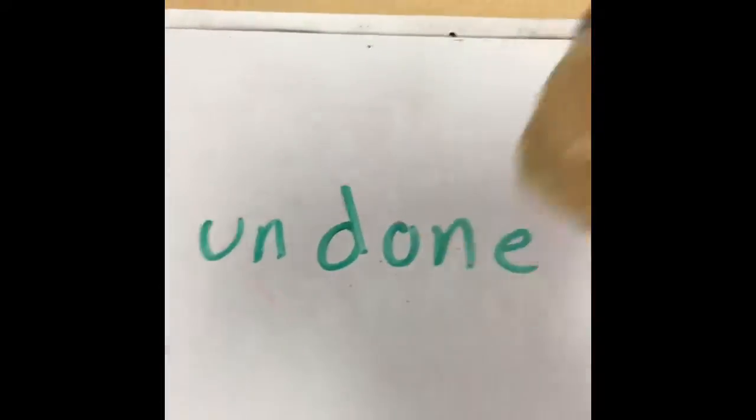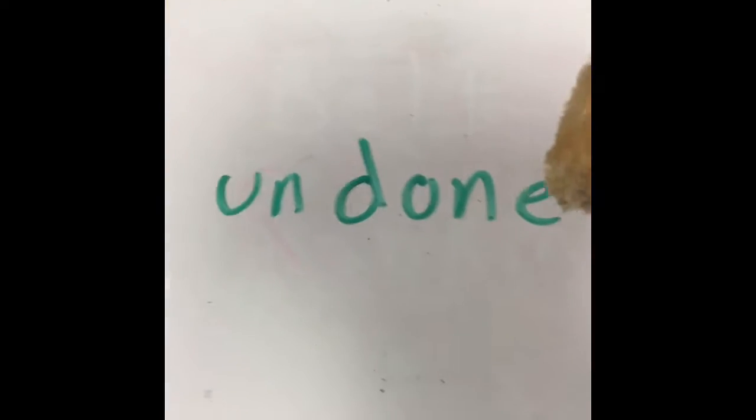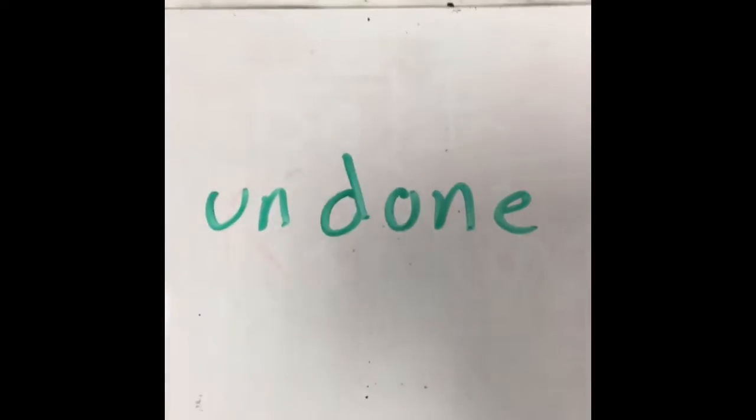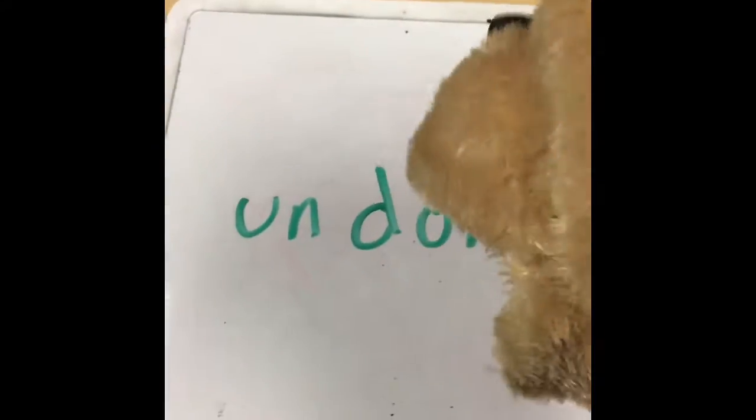Let me give you an example. Okay, now I have added the letters UN to done. That changes this word to undone. So, undone is the word that has a prefix in it. The prefix is un. Now, I know what you're asking.